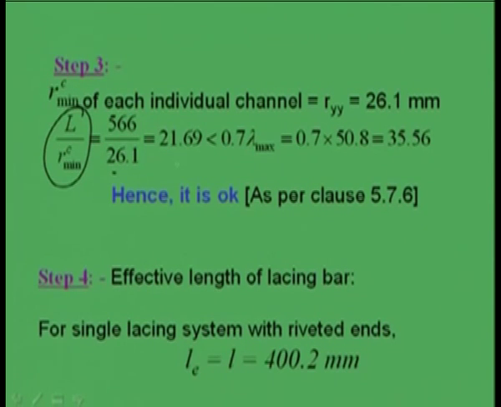Now, we know RC minimum, which is for individual channel, this is RYY, it is 26.1, because we have to check whether this is strong enough, means local buckling should not occur. How to ensure that?